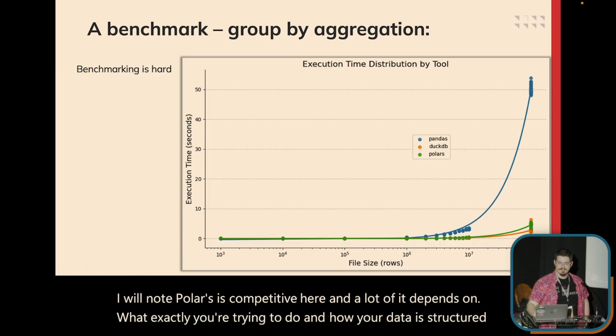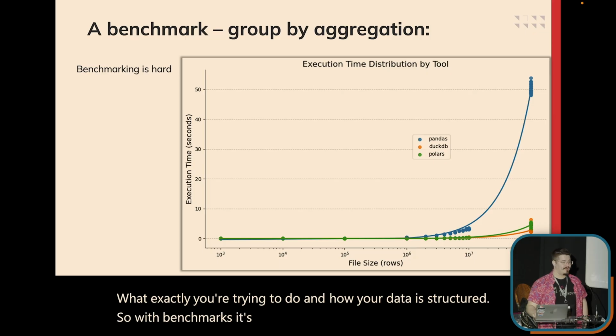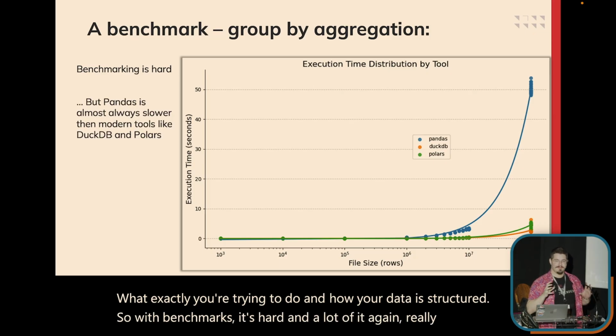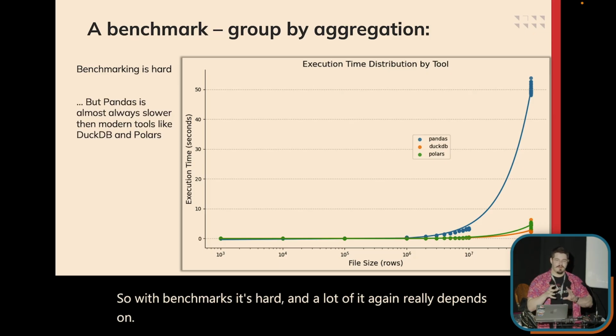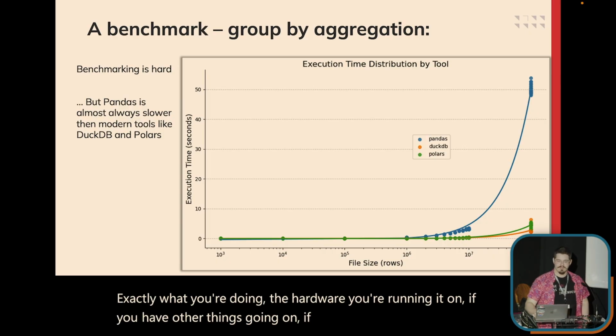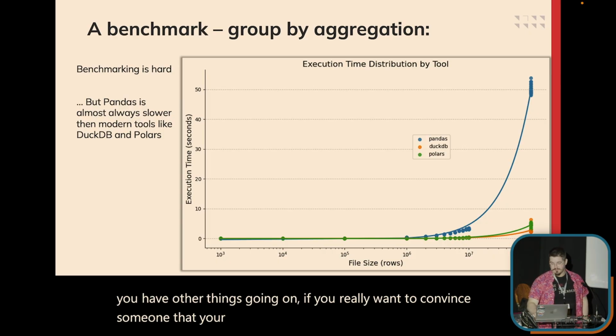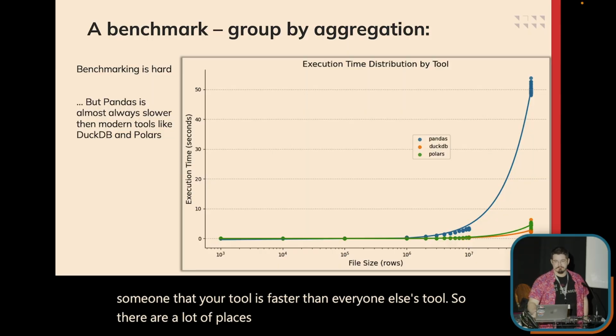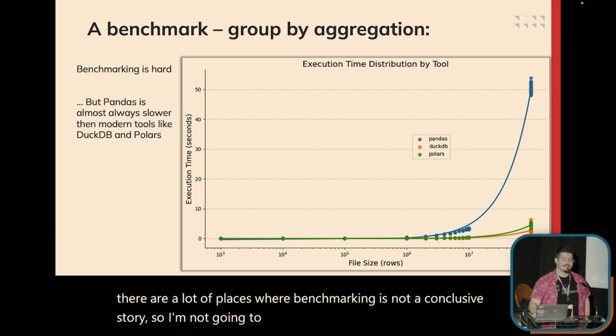So with benchmarks, it's hard, and a lot of it, again, really depends on exactly what you're doing, the hardware you're running it on, if you have other things going on, if you really want to convince someone that your tool is faster than everyone else's tool. So there are a lot of places where benchmarking is not a conclusive story. So I'm not going to say DuckDB is always fastest.